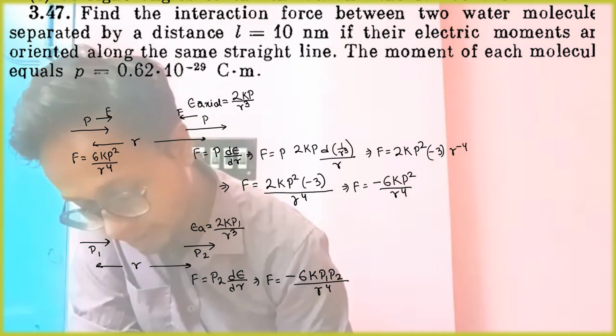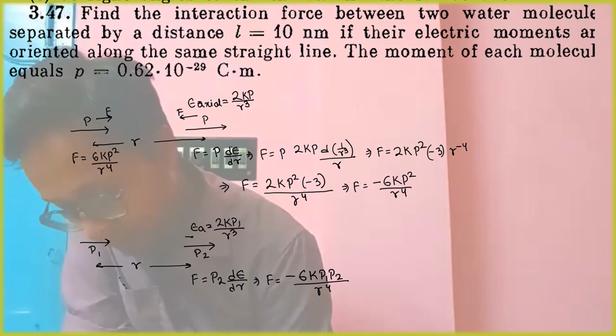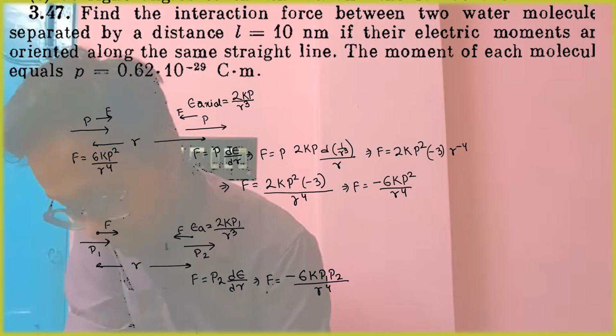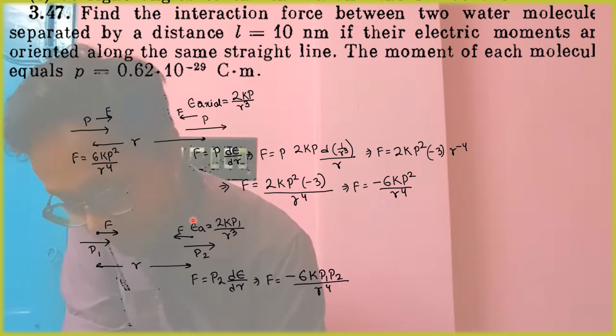By Newton's third law, the force acting on this dipole would be in this direction, the force acting on this dipole would be this direction. Both these forces have the same magnitude.